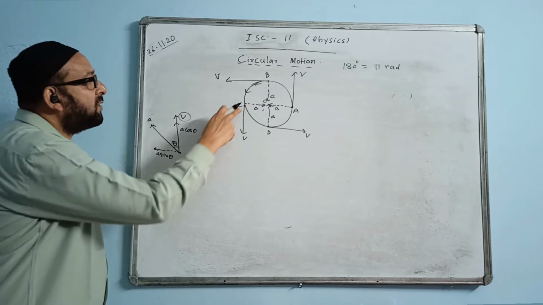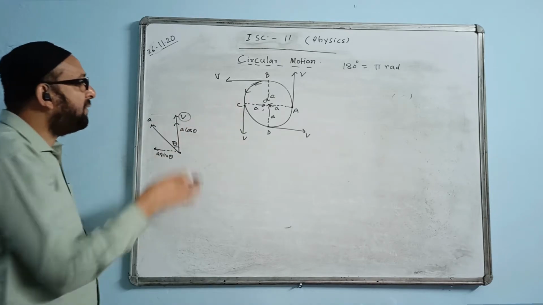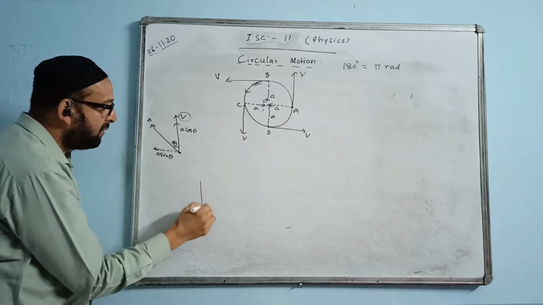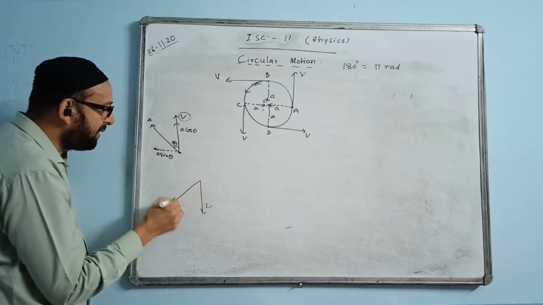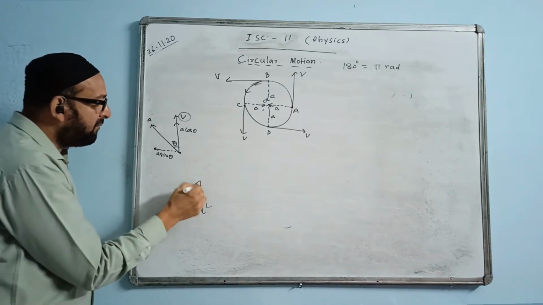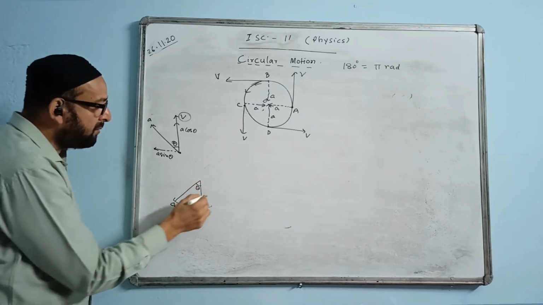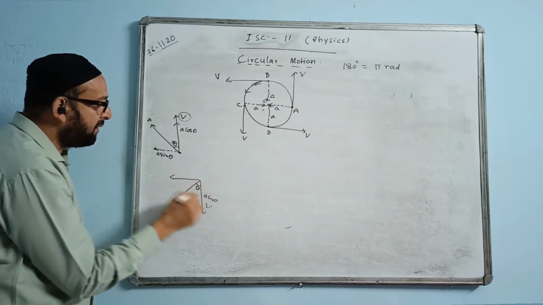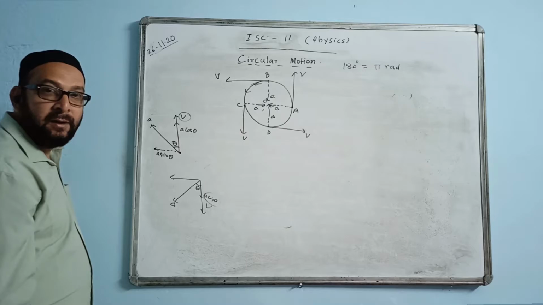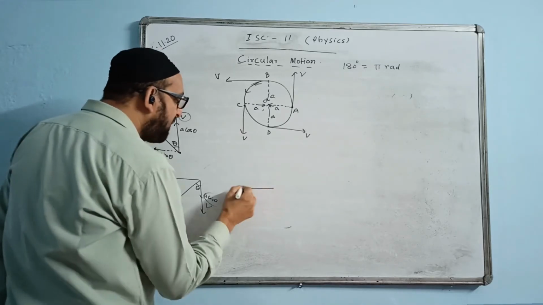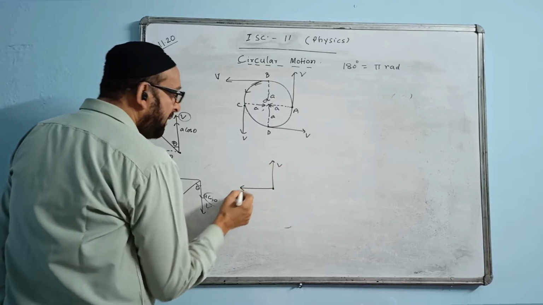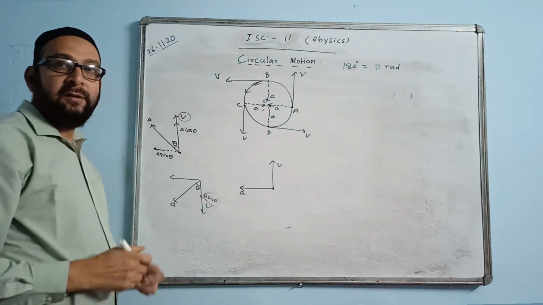Let us take any case: velocity is like this, and acceleration is acting in any direction other than the center. This theta will be there, it will break into components, A cos theta and A sin theta. Now the value of V is getting affected by this component of acceleration. But if acceleration is exactly here and velocity is exactly here, can we break A into components?